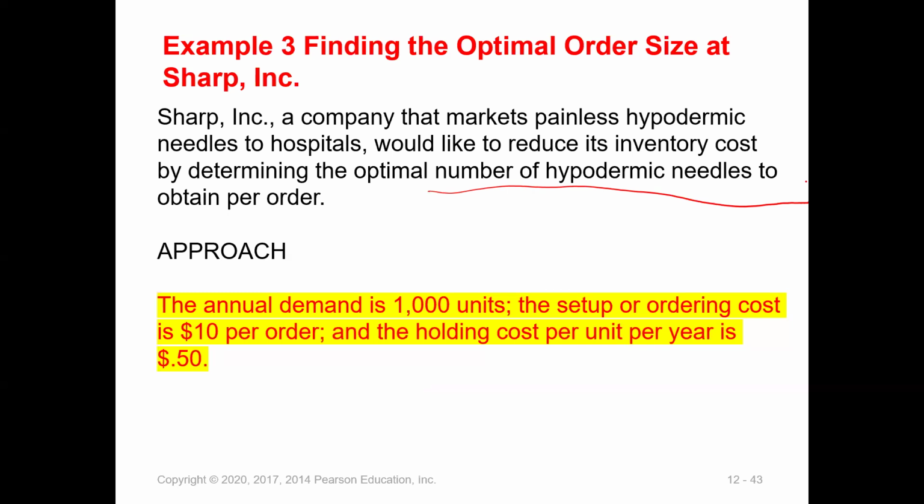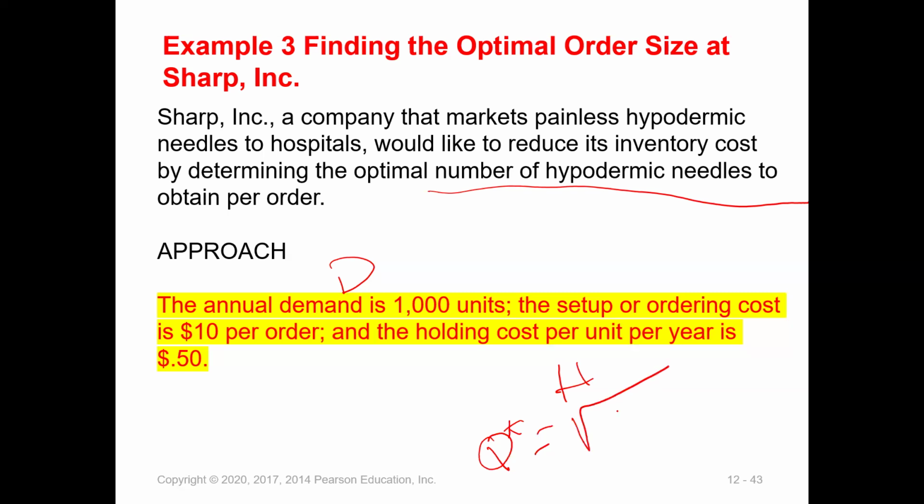The annual demand D is 1,000. The setup cost is $10. The holding cost, the H, is $0.5.